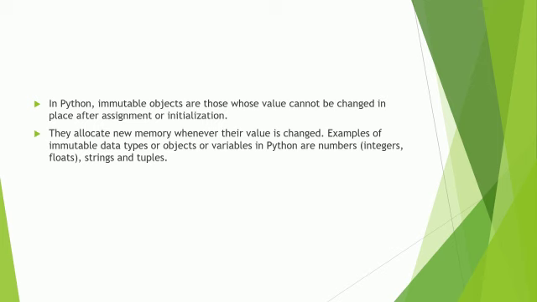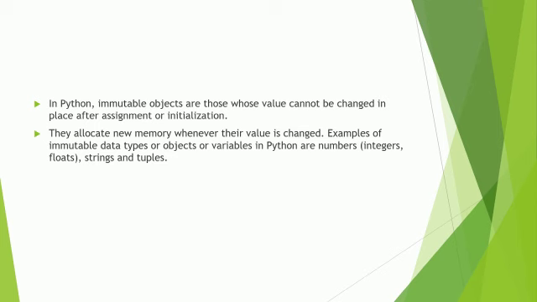So what is an immutable one? Today we will discuss immutable, giving more emphasis to it. In Python, immutable objects are those whose value cannot be changed in place after assignment. You can think of immutable as unchangeable, something which doesn't change.